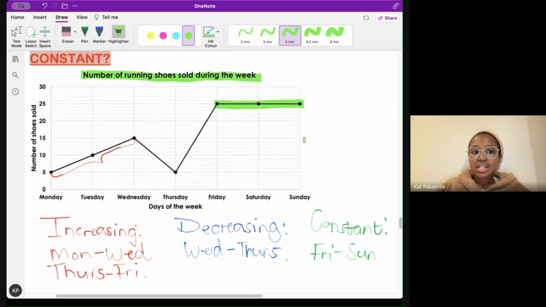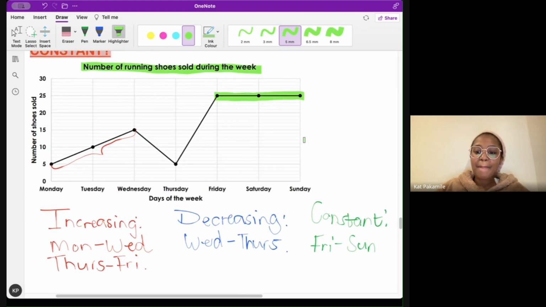Now I have a question. Is this a linear graph? Okay. Those who are saying no, why do you say this is not a linear graph? Give me the reason. It is a straight line, but why is it not linear? It is non-linear.